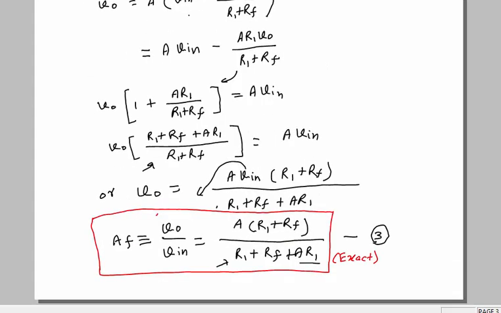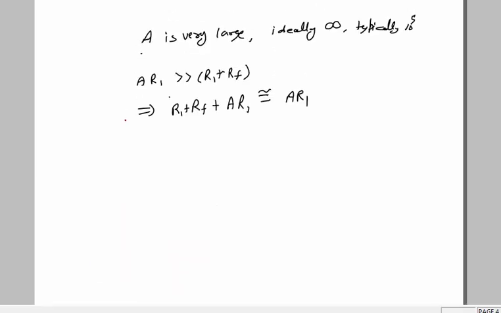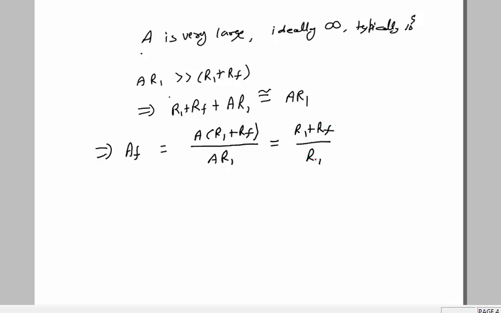Okay, so now that equation 3, we can write as AF equals A times (R1 plus RF), the numerator is as it is. Now the denominator we have approximated as AR1. So A and A will be cancelled, and it will be (R1 plus RF) by R1.